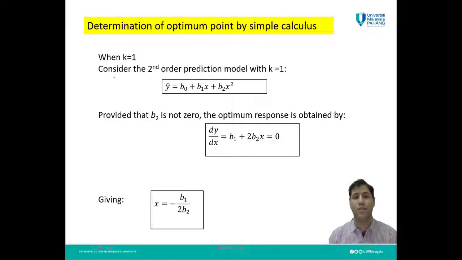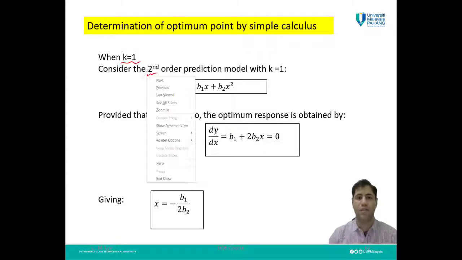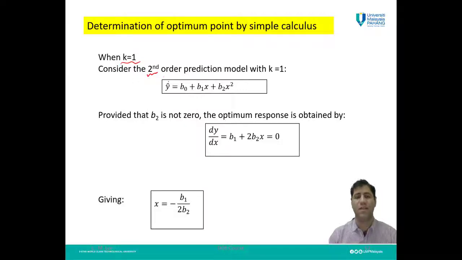Let me start with the case when we have only one factor, k equal to 1. Then the surface which we have, the second order model for an experiment with one factor, will be like this.